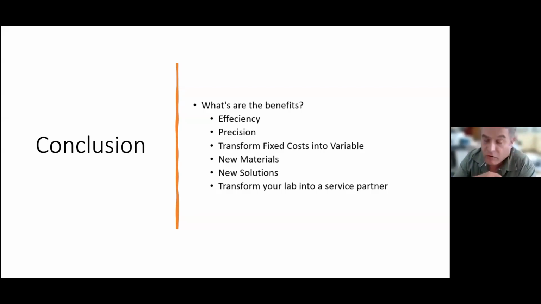Then the most important part, what I also mentioned before, you can transform the fixed labor cost that you have into a variable one. Because if you want to mill a crown and you don't have a milling machine, somebody else can do this.